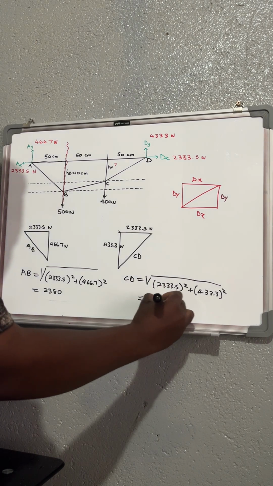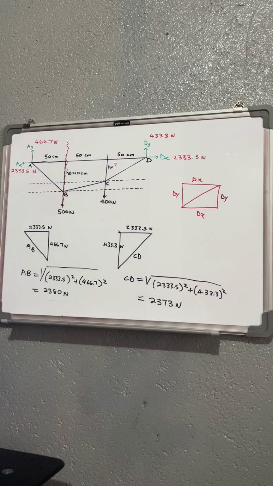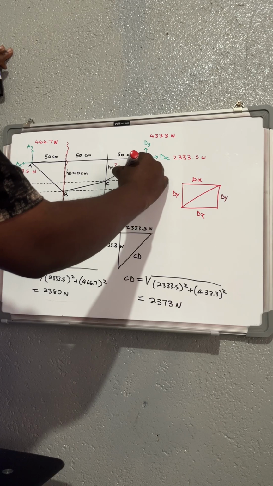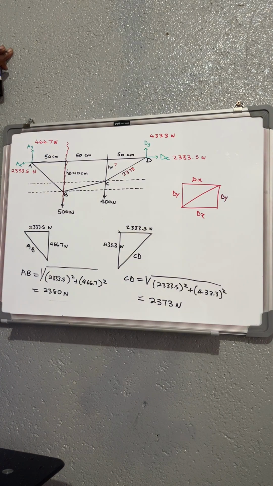You have 2373 Newton. This is in Newton. So now you can say, okay, here you have your 2373, then this side you have your 2380. So we're done with those ones.